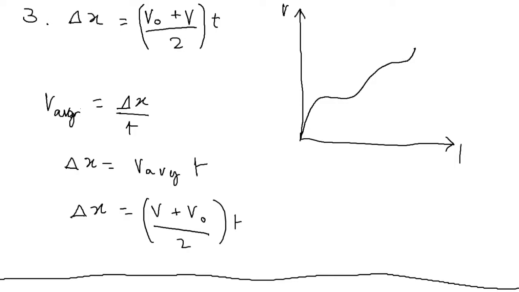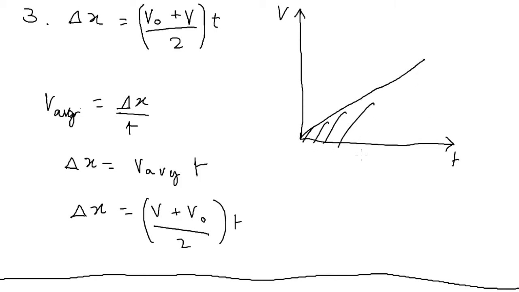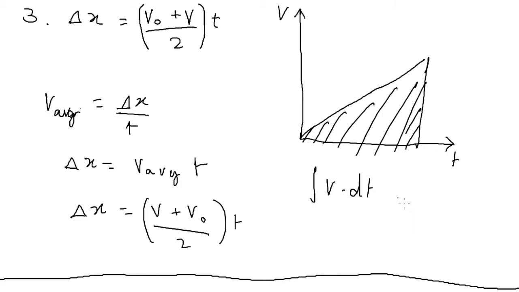So if you focus on just the average, on a velocity-time straight graph, you want to find the area under the curve. That'll give you displacement. So the integral of the velocity with respect to time is equal to the displacement.